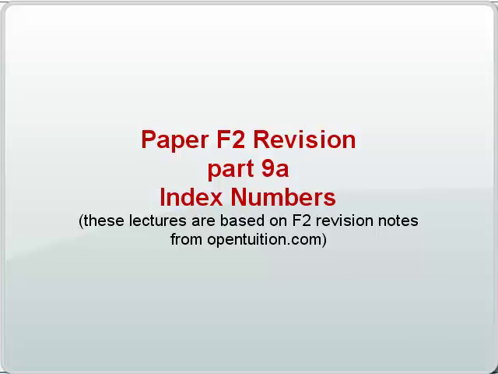Just one tiny bit of terminology in case it is mentioned. The start year, or the year you let be 100, we always start with 100, is called the base year. If there's any mention of the base year, that's the year when you let it be 100.